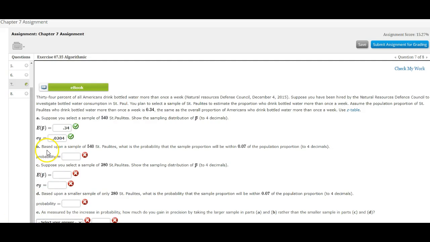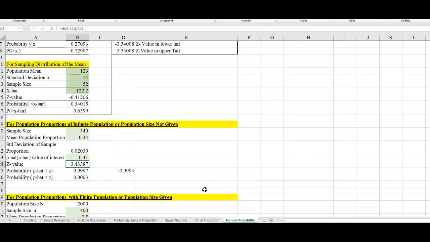Next, based on this 540 in the sample, we want to know the probability that the sample proportion will be within 0.07 of the population proportion. And again, they want this to 4 decimal places. So if we go plus or minus 0.07 from our mean proportion, that upper limit is going to be 0.41.